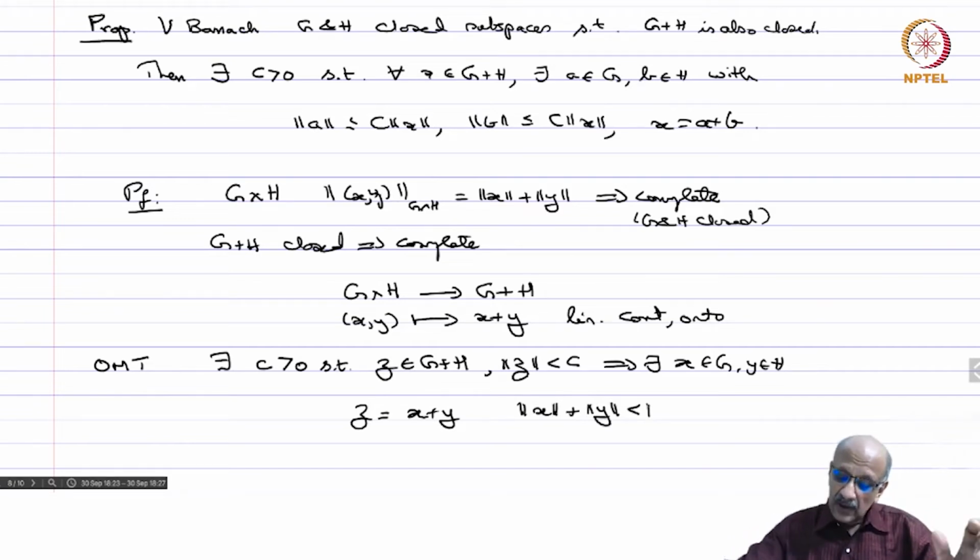So this is the theorem, namely the ball in G plus H centered at origin with radius C is contained in the image of this map of the unit ball. So that is what we have said.